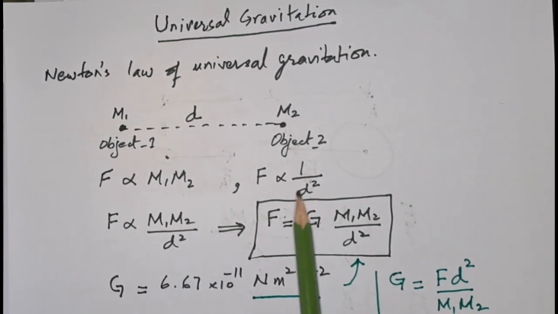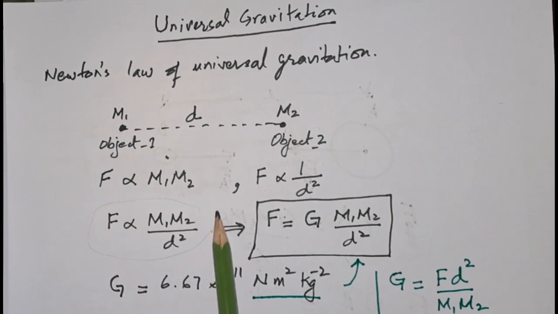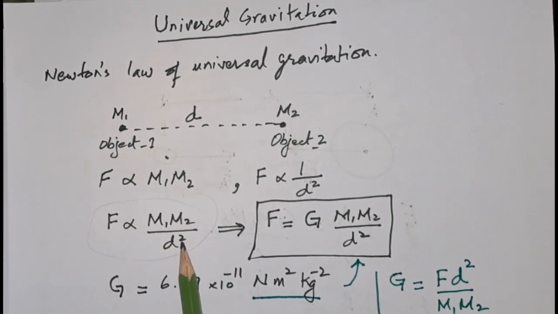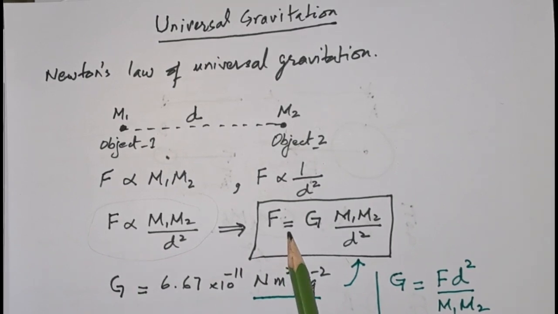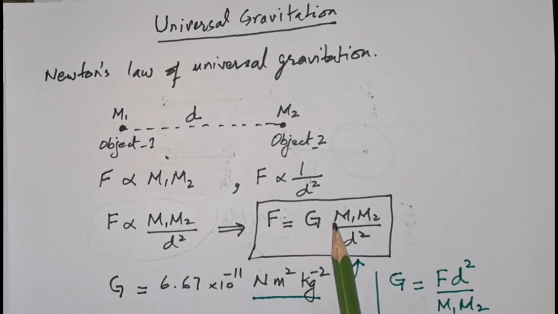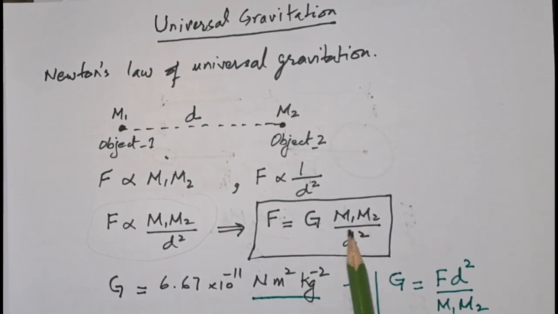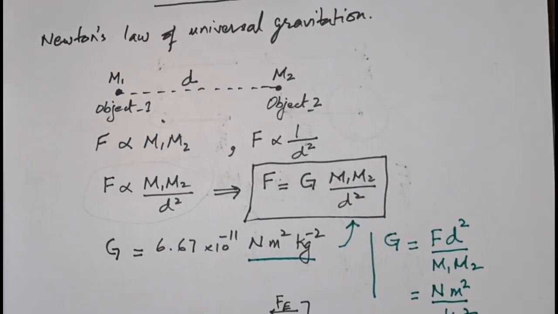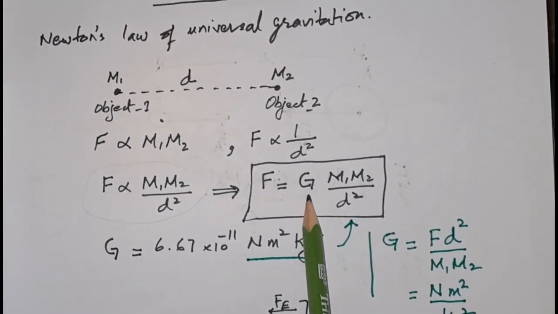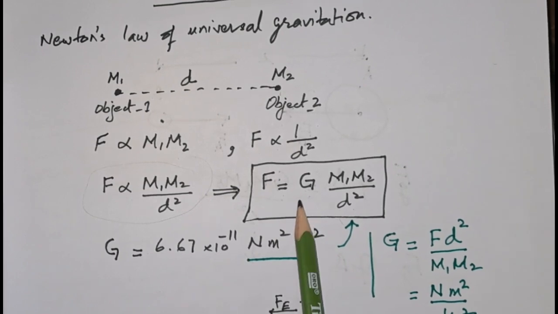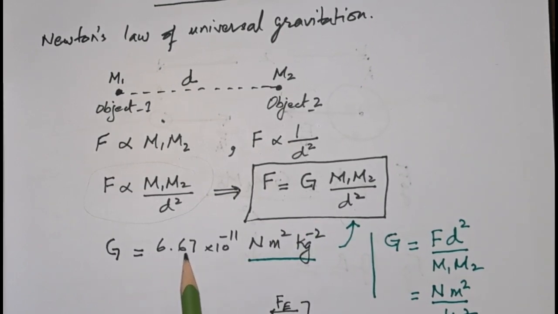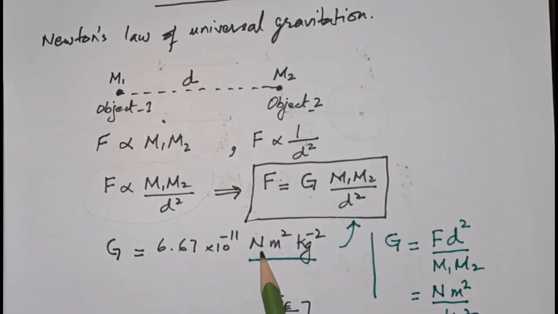We combine both of them and get F is proportional to m1 m2 over d square, and if we convert the proportionality sign to equality, we get F is equal to G m1 m2 over d square, where this G is known as the universal gravitational constant, and its value is 6.67 into 10 power minus 11 Newton meter square per kg square.